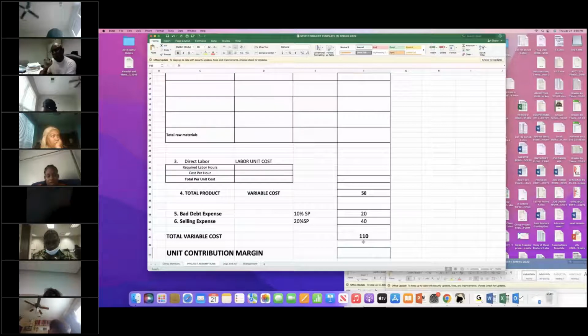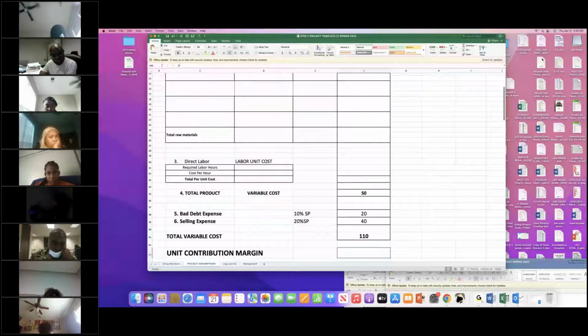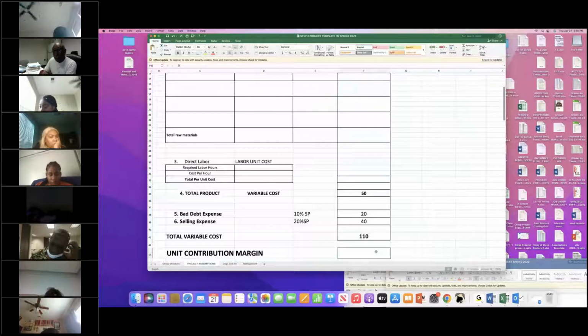What is the contribution margin? What is it again? Jasmine, what's the contribution margin? Selling price minus variable cost. So how much was this? 10 subtracted from 200 is how much? How much is that? 90? Yeah.